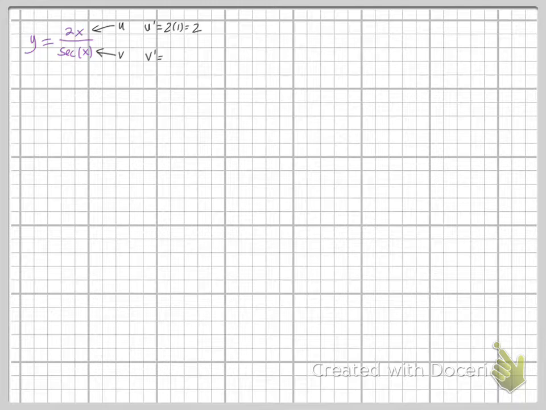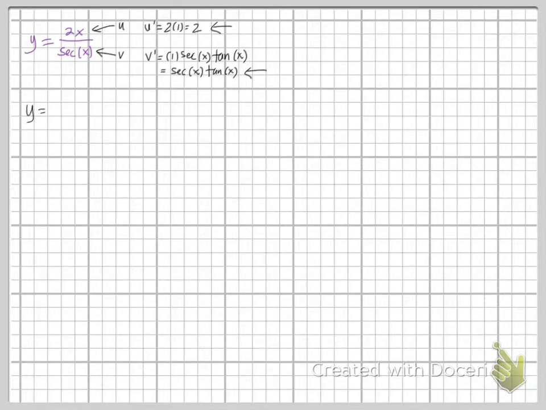It says 1, because that's the derivative of x, times secant of u, secant of x, multiplied by tangent of u, tangent of x. So the derivative is secant of x times tangent of x. So these are my derivatives, 2 and secant of x times tangent of x.